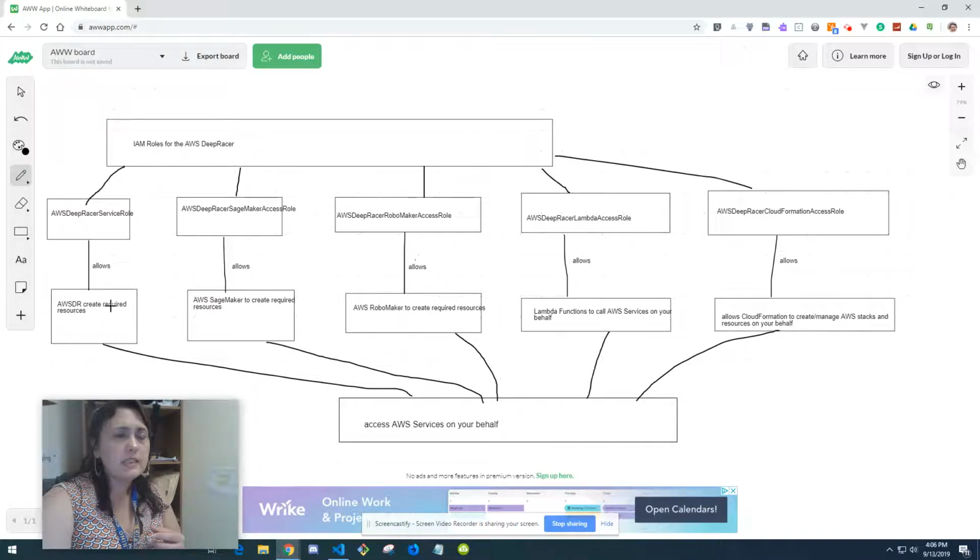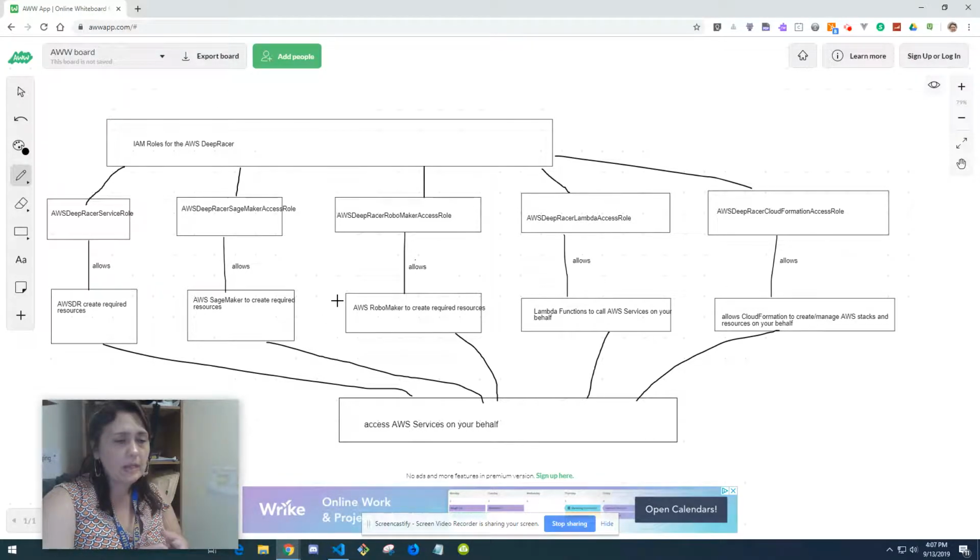So you can see each IAM role has a particular component or function, and you can tailor the people that you have to a certain IAM role based off whatever their job is to create something in AWS. Maybe you want them to have access to only 2 of those, the Lambda function and CloudFormation, and for whatever reason you don't want them to have access to RoboMaker and SageMaker.